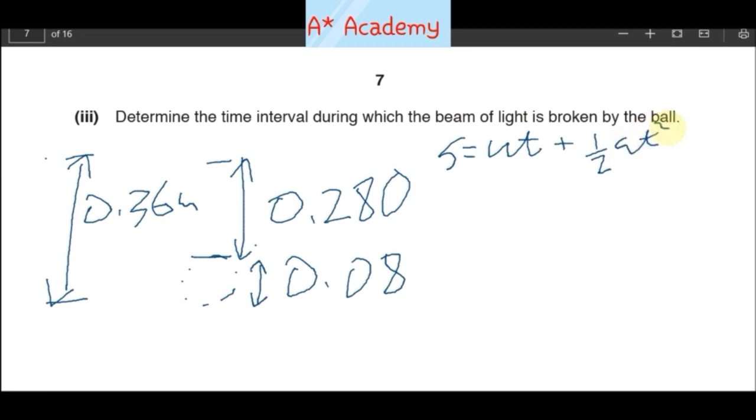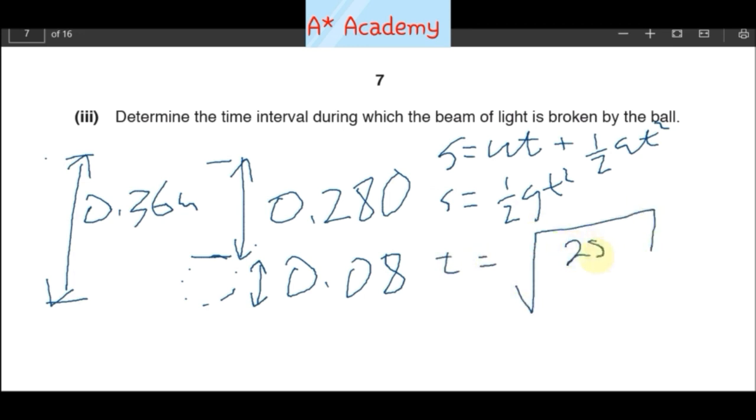In this case, our a is g and our u is 0, so S is equal to half gt squared. We want t, so t equals the square root of 2s over g. In this case our s is 0.36 meters, so we substitute s with 0.36 meters right there.